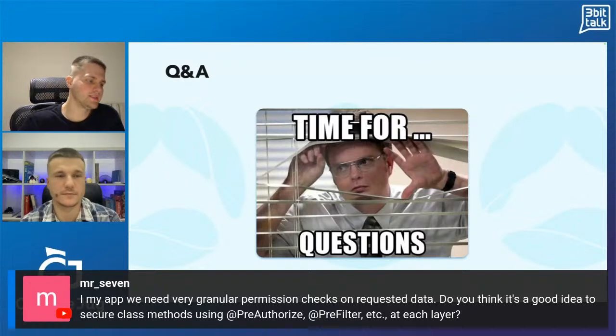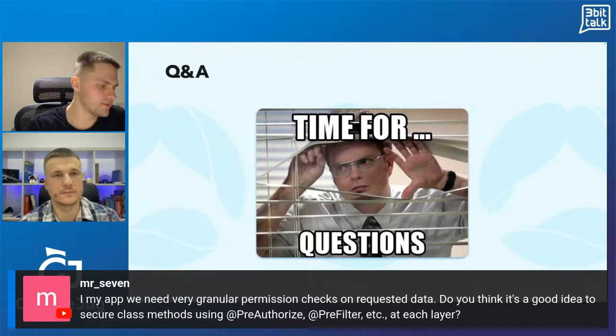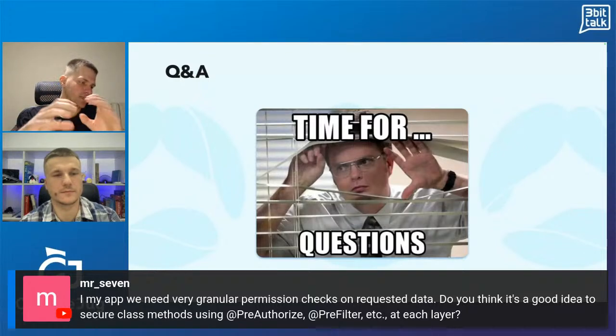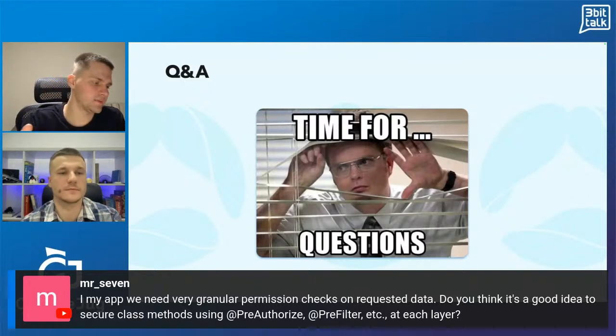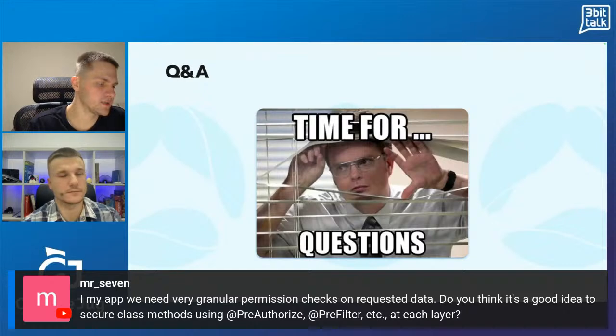But when you have asynchronous processing within your application, you would have to think how to pass this authentication. If you process events and want to leverage the same methods within your business logic, you would see there is a pre-authorize annotation. Then you would have to split those things: the invoker with the pre-authorize annotation, and the business logic in another place, which you invoke from the place where you don't have authentication in the context. So that's something you also have to take care of.